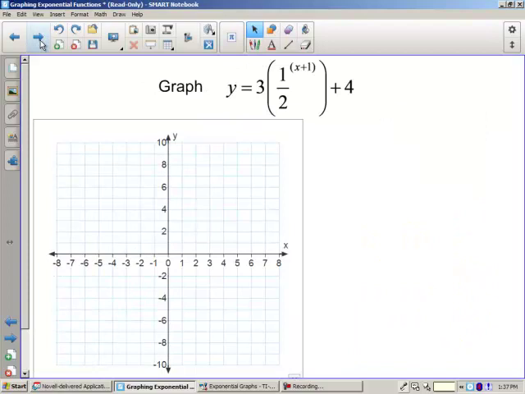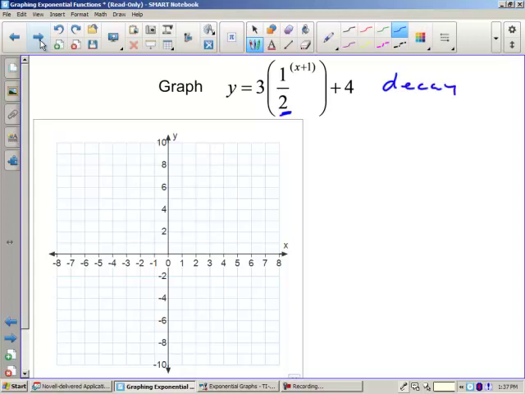All right, next, y is equal to 3 times 1/2 to the x plus 1, plus 4. In this particular case, notice that my b value here is less than 1. I don't have a negative in front of the x, so this is going to be a graph of decay. Okay.